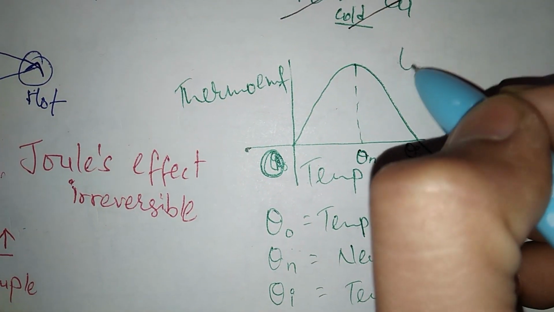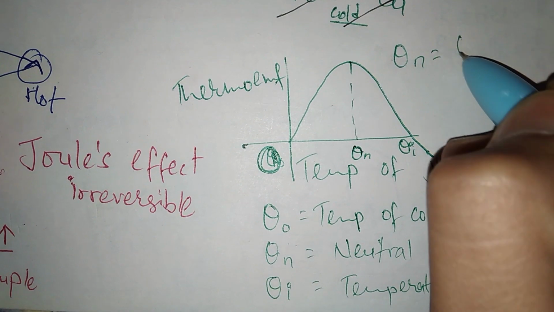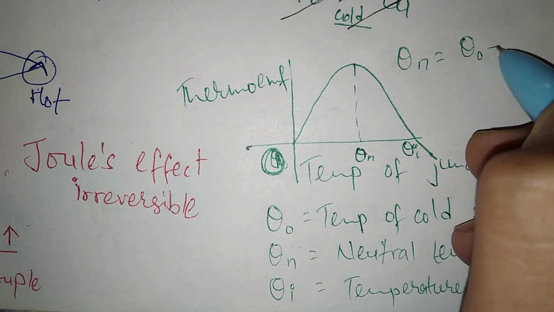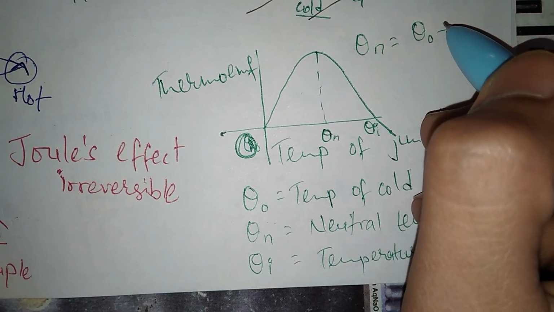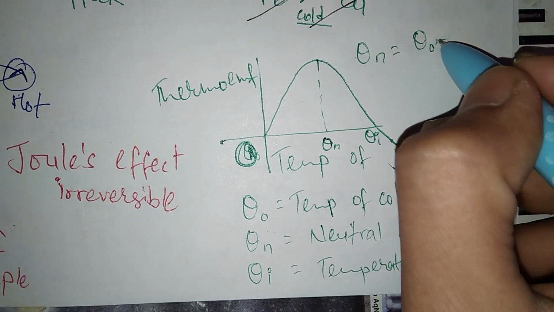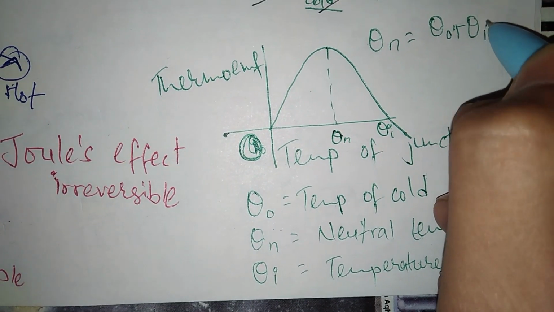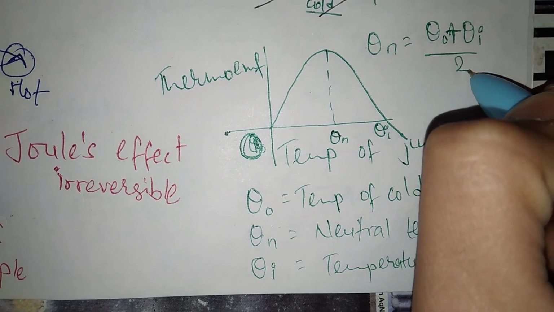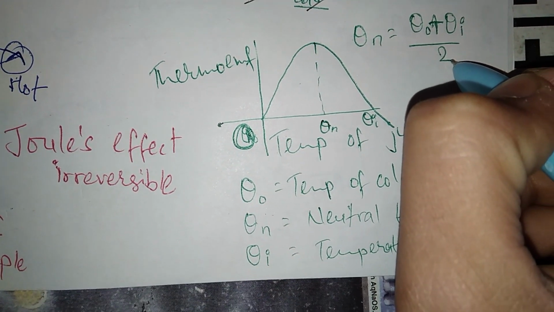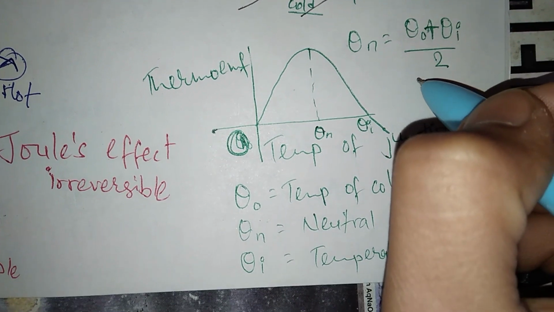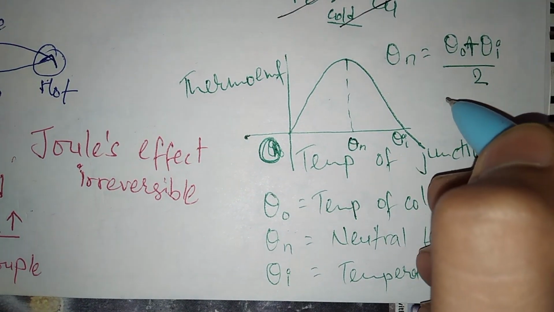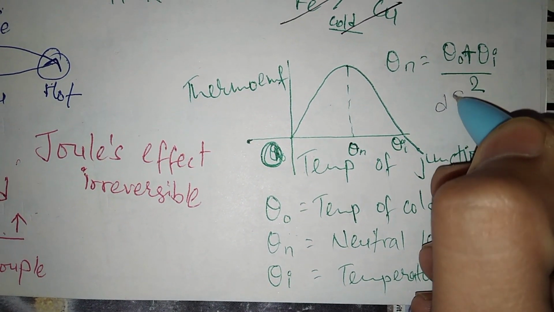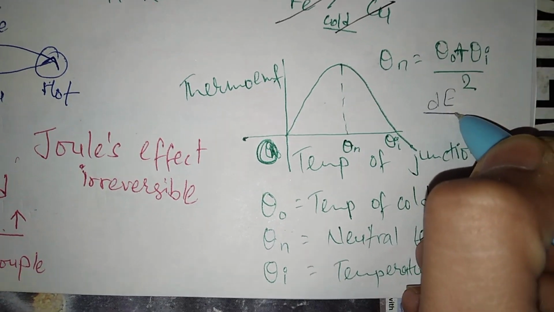So the formula is theta n equals theta naught plus theta i by 2. This is the neutral temperature.